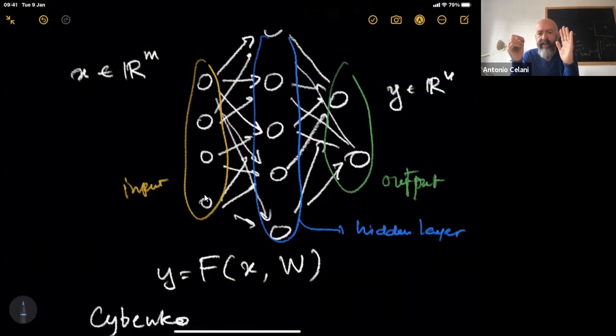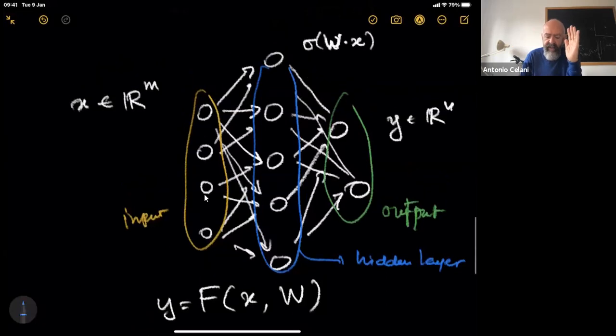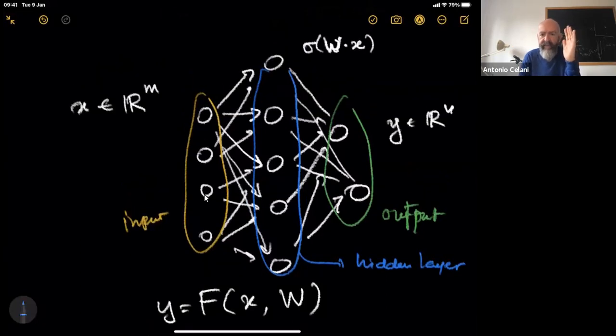at the price of having a very large hidden layer. So the number of nodes that appear here in the middle might be very, very large to describe certain kinds of functions. So this is one of the reasons why you often do not use such a simple architecture, even though it's theoretically powerful.